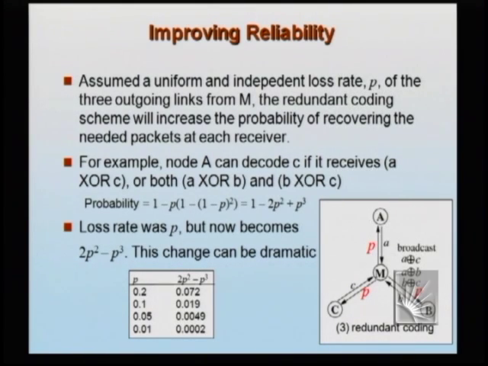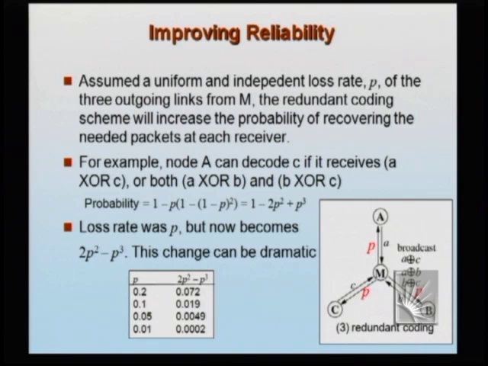Or both A XOR B and B XOR C. If it has the first one, it can just recover C by XORing A with it. If it does not receive that one, but instead receives these 2, it can still XOR the 3 packets and get the needed packet.